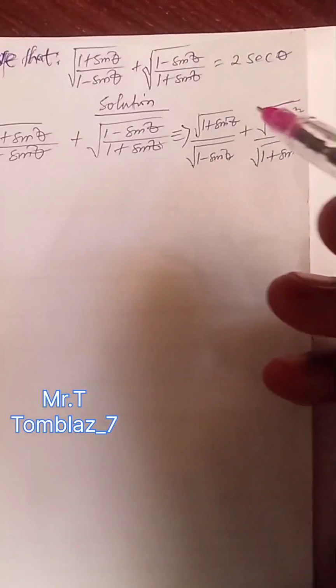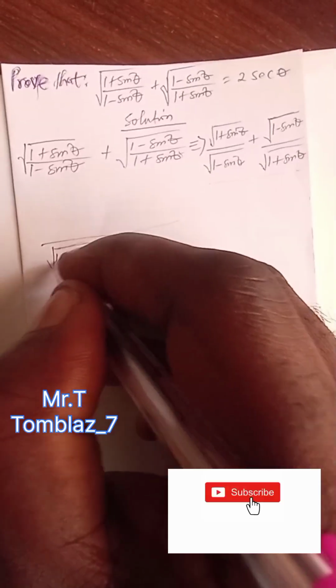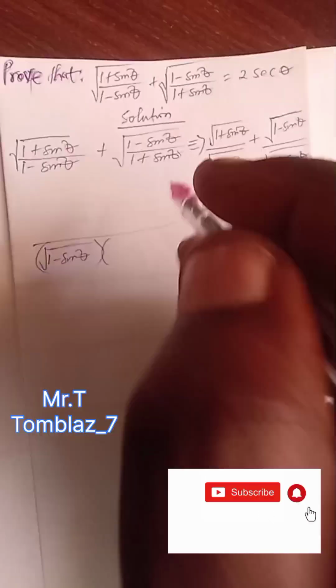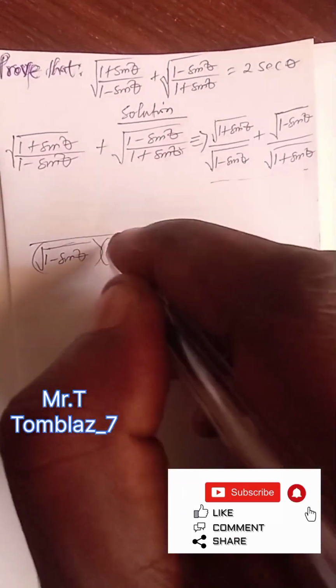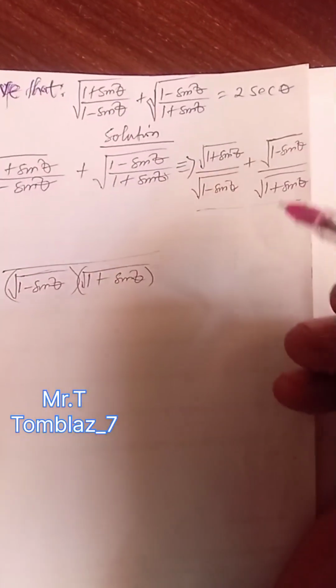Okay, so if this is correct, then I can take this as my LCM. So if I take that as my LCM, I'll have the square root of (1 minus sine theta) and then the square root of (1 plus sine theta). Then let's solve the square roots now.